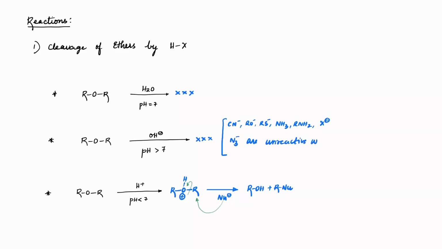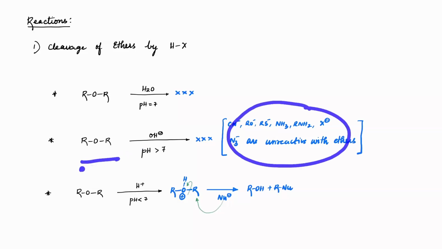They all are unreactive with ethers. That's the reason why in SN2 mechanism, typically for these reagents, we take ethers as the solvent, everybody.